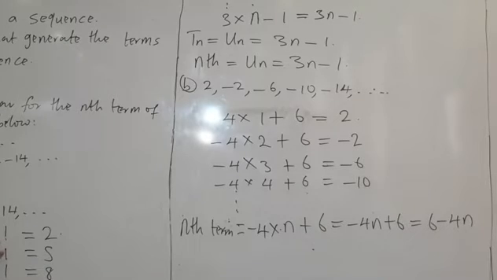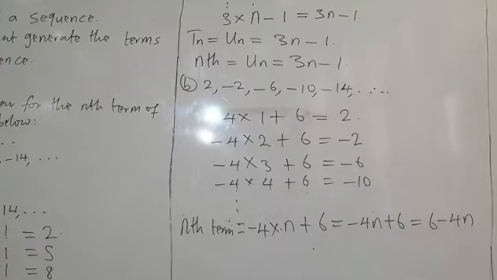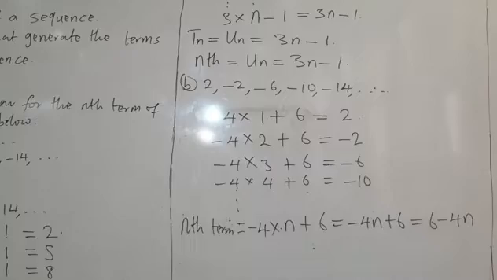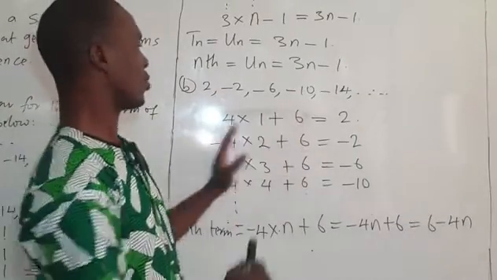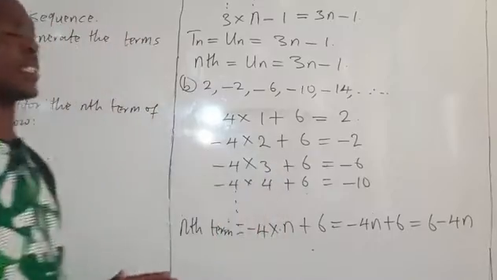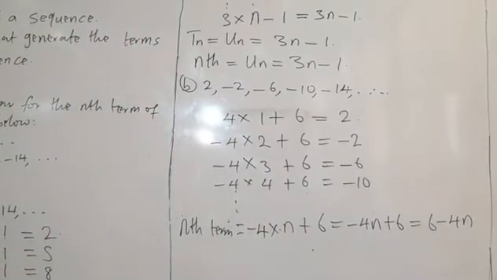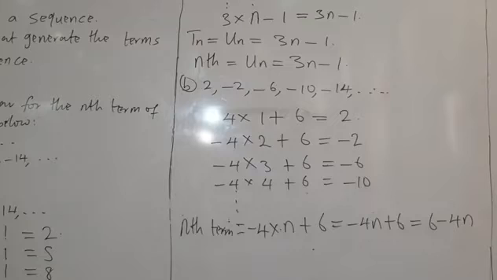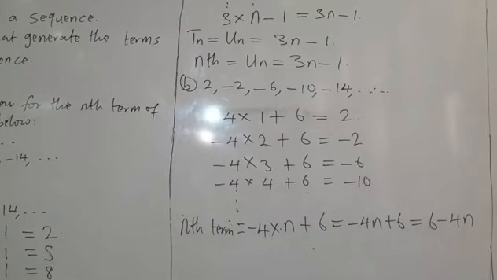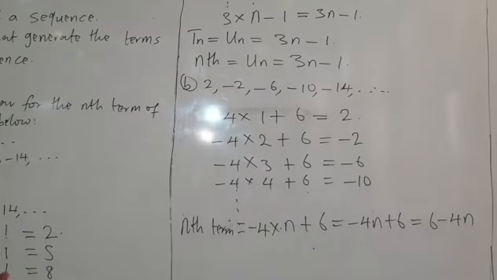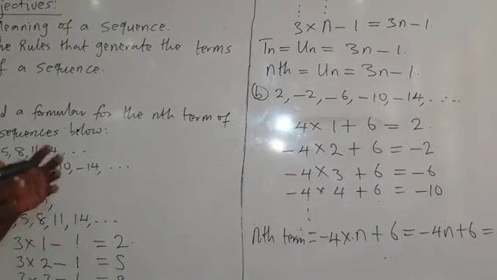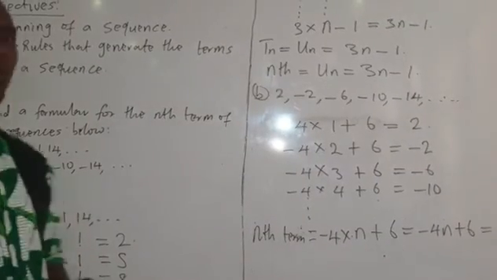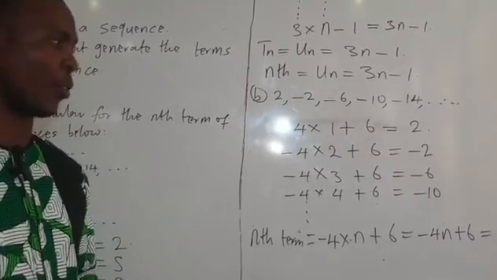As in the case of 2a, we subtract 1 from each of the first term, then we add 6 to each of the first term in the second question. These are the examples under sequence. That is the meaning of the sequence and how to generate and find the formula for the nth term of the sequence.